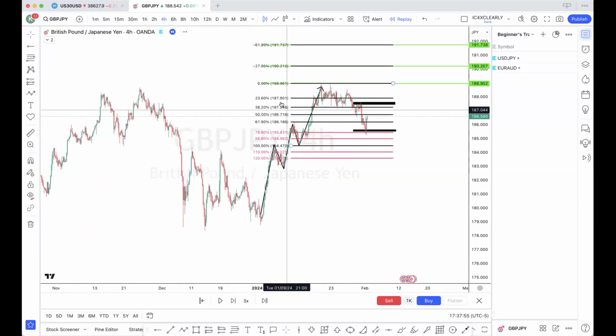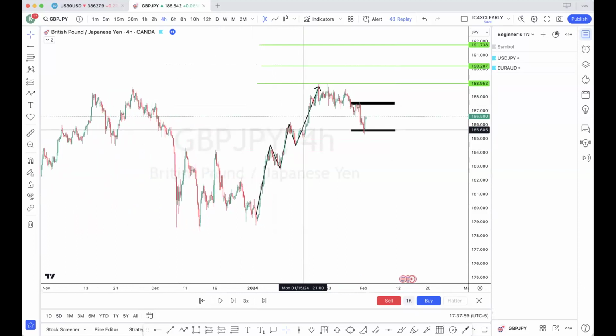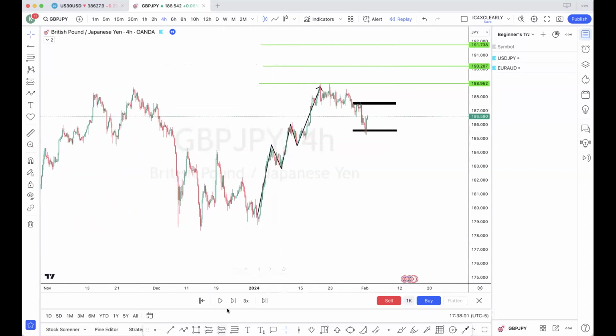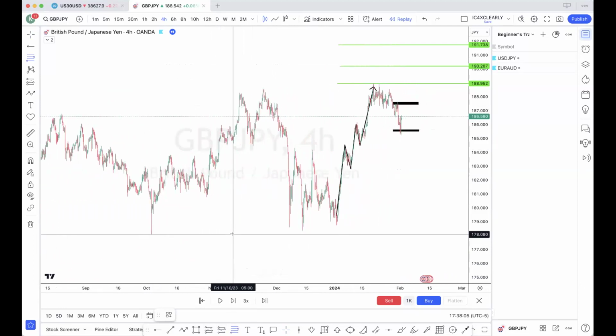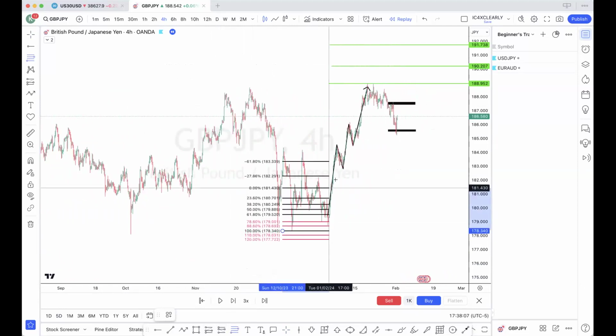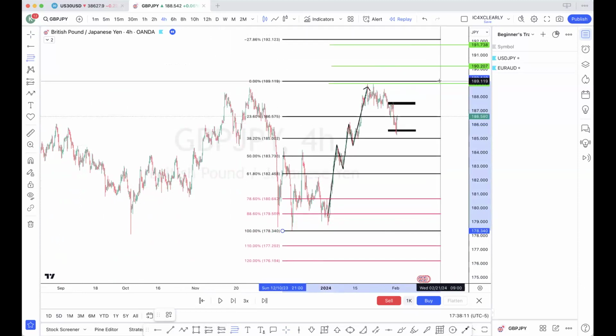Now, of course, if you're a swing trader, because this would be your low, and then this would currently be the high.